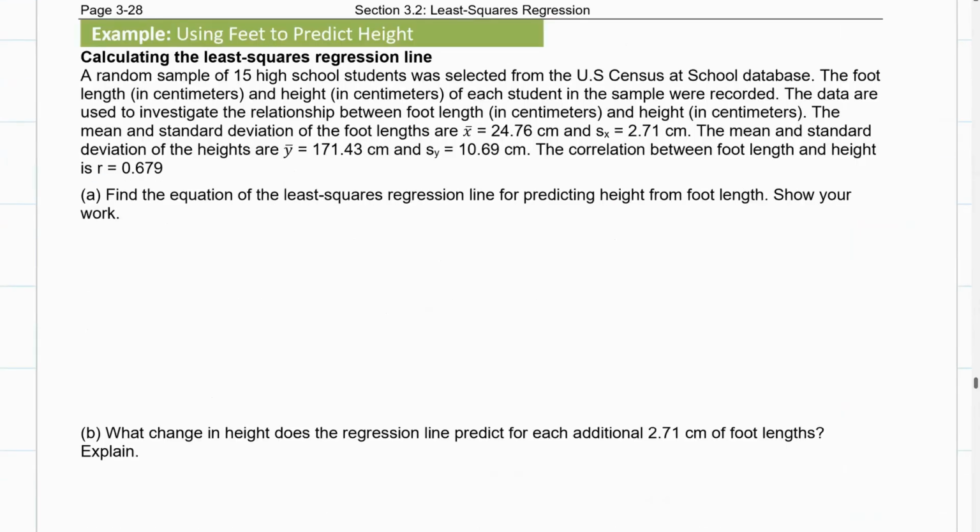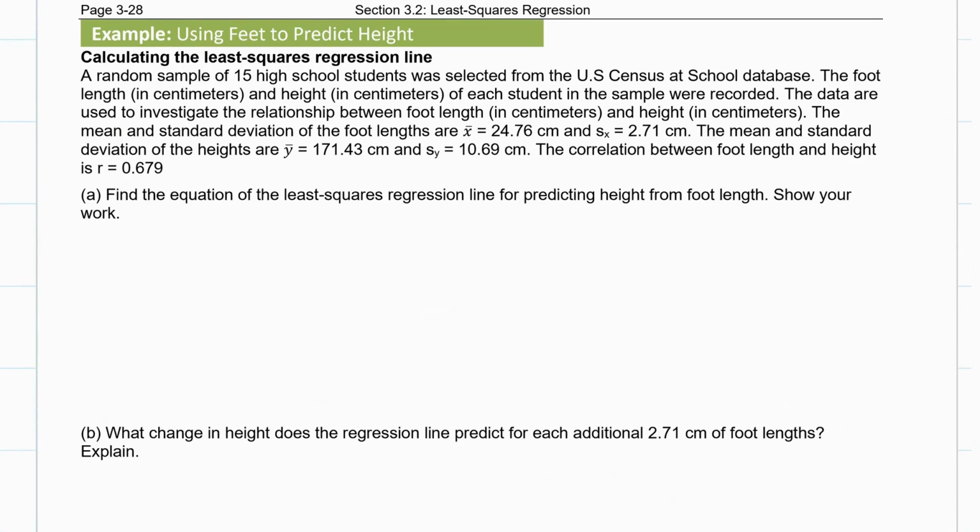So given just a little bit of information, we should be able to hand calculate the value of the slope and the y-intercept. So a random sample of 15 high school students were selected from the U.S. Census at School database. The foot length in centimeters and the height in centimeters of each student in the sample were recorded.